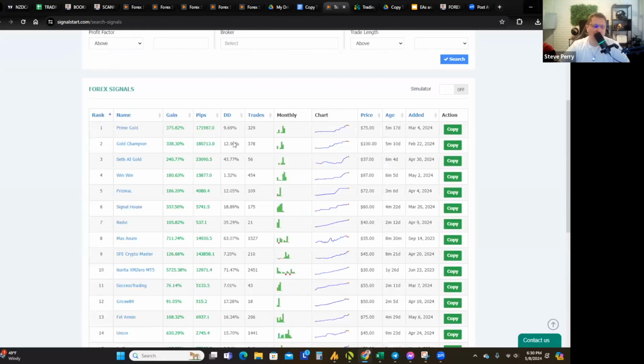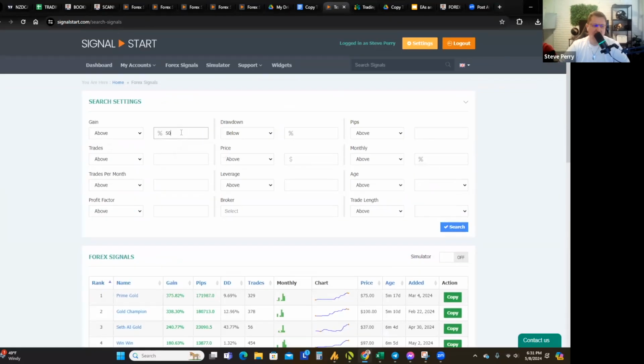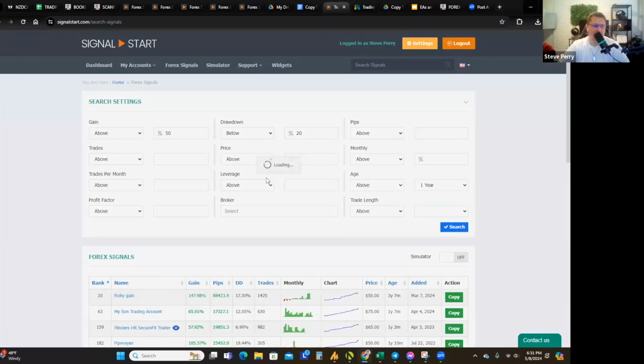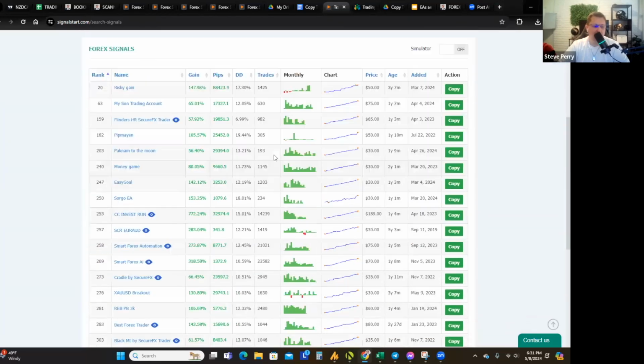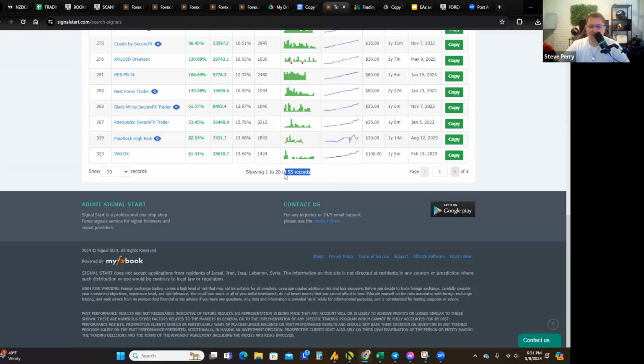But when you run the filters that I just ran, 50 for the return, drawdown less than 20%, and anything that's been around for at least a year, watch this go from almost 1,300 bots or copy traders down to only 55 options. Okay, so definitely scrutinize. That already is a huge filter alone, right?